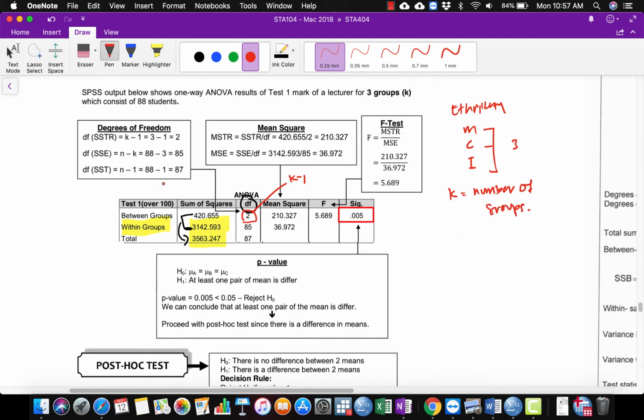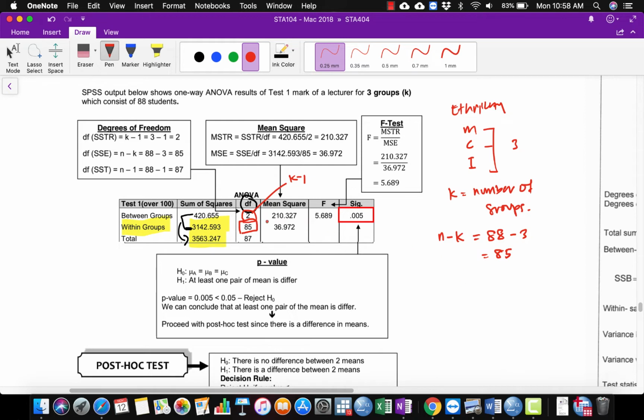And then the degree of freedom within group is the sample size minus the number of groups. The sample size for this one is 88, so 88 minus 3 equals 85, right?